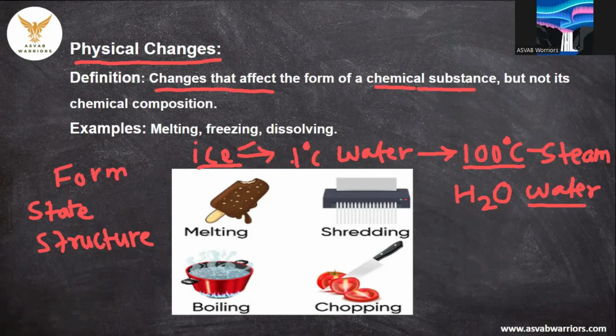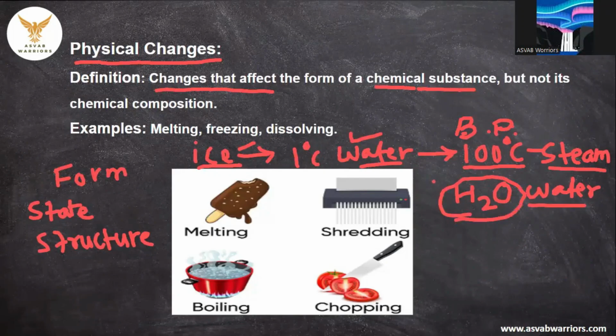When you increase temperature by heating, it converts into liquid state, which is water. And if you still heat it to its boiling point, then it will turn into steam or water vapor. Each of these components, ice, water, and steam, has a chemical formula of H2O only, but the states are different.